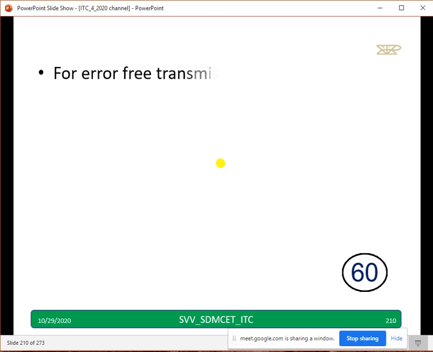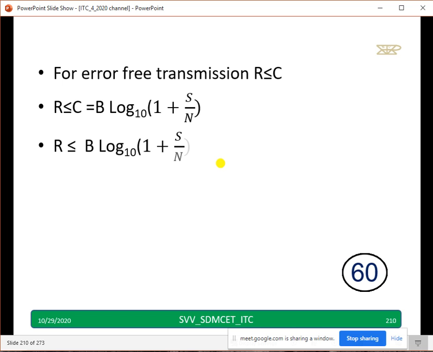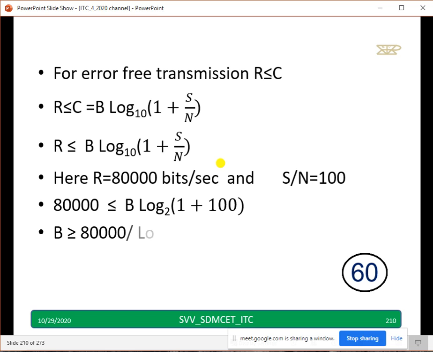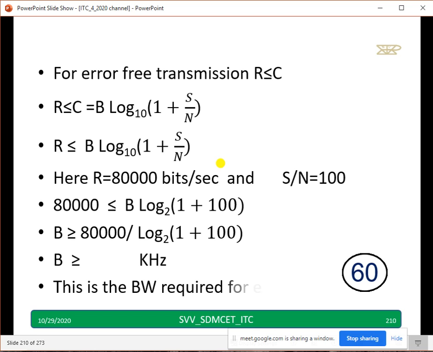Okay, for error-free transmission, R should be less than or equal to C, and all of us know C equal to B log 1 plus S by N. Now R equal to 80K, S by N is 100. I have to calculate B. This is the bandwidth required for error-free transmission.